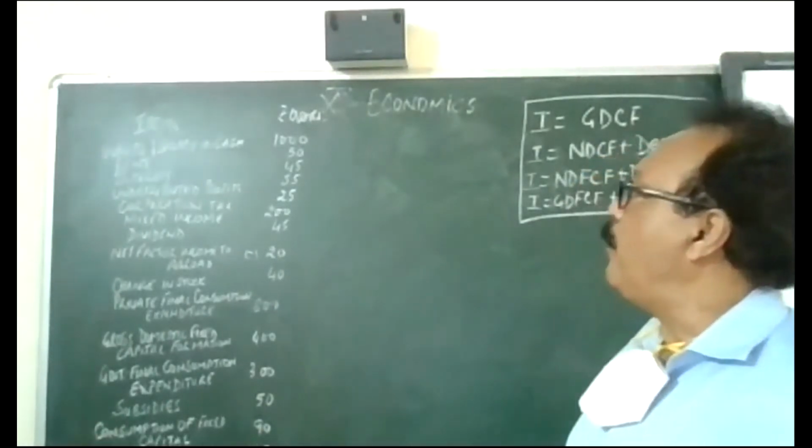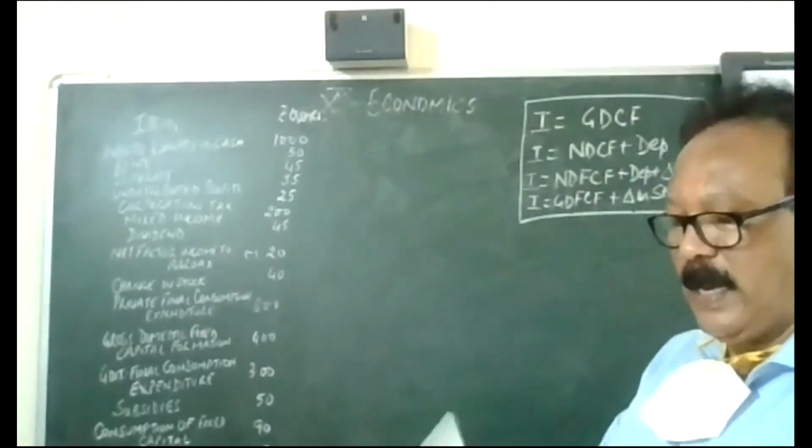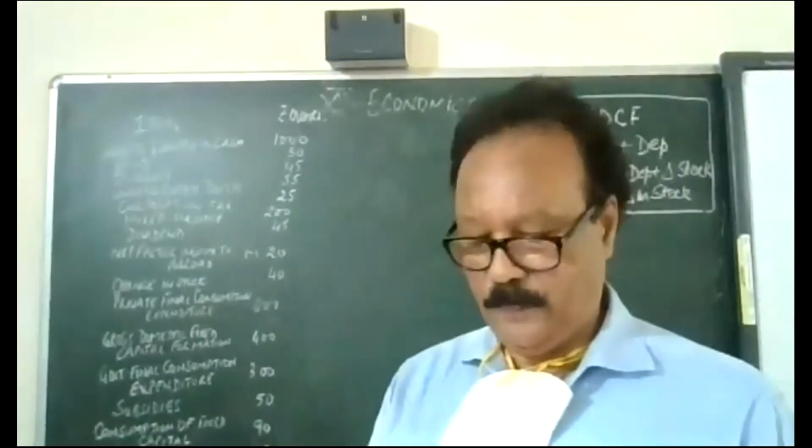We have items and rupees in crores. What are we supposed to do? We are supposed to calculate the national income using the expenditure method.